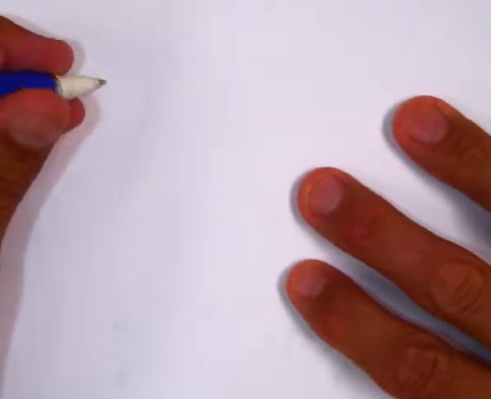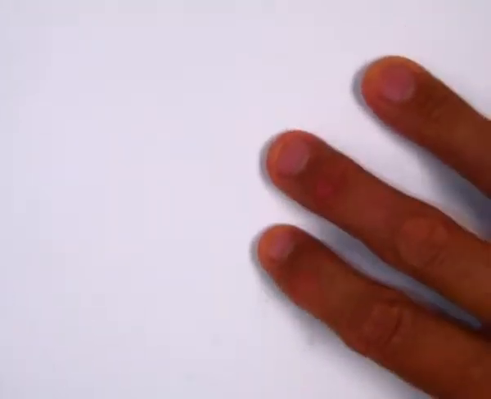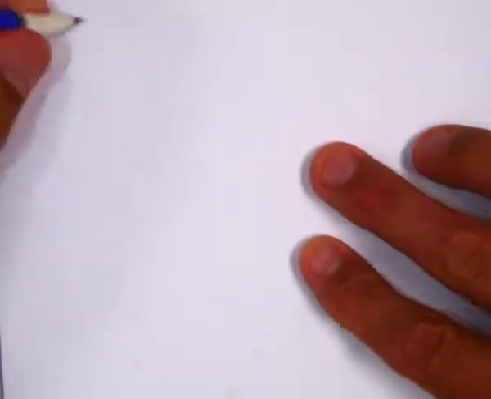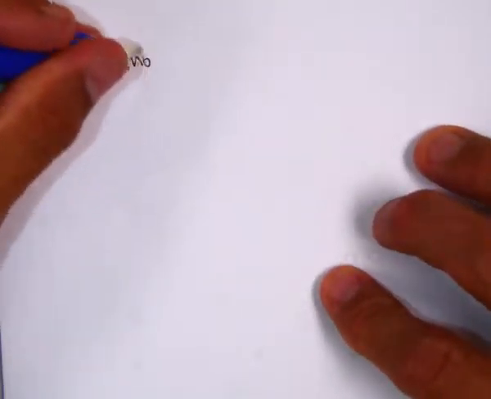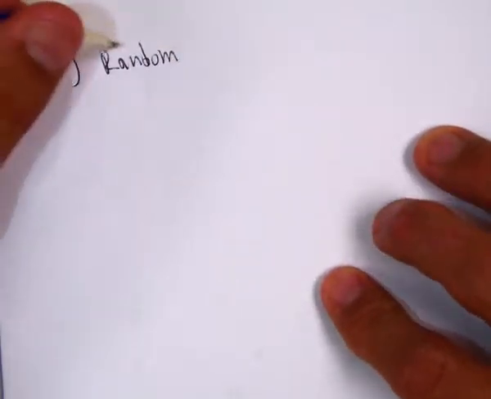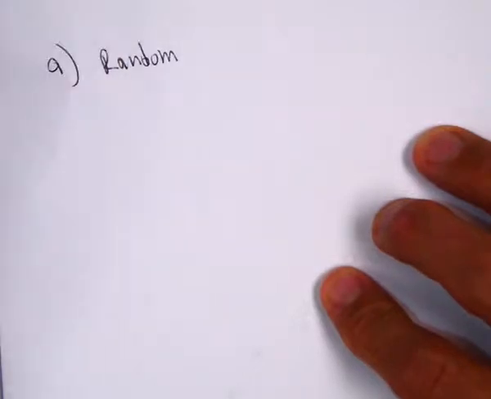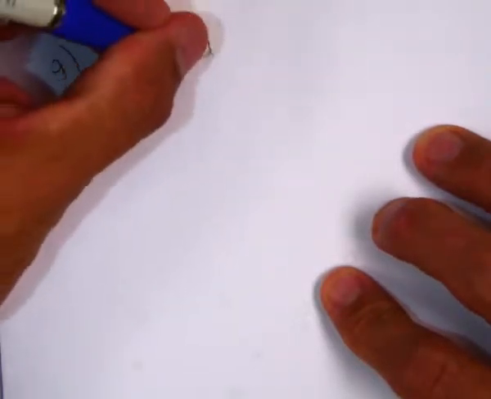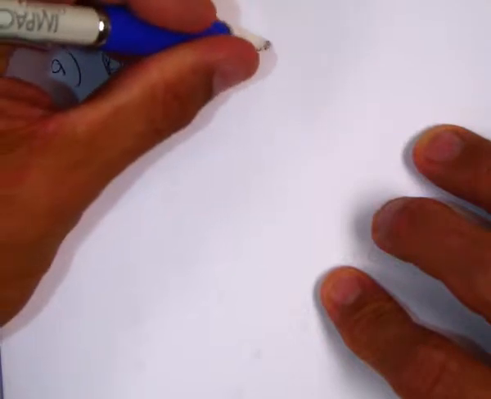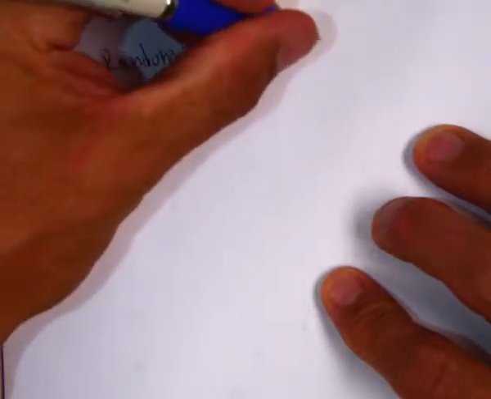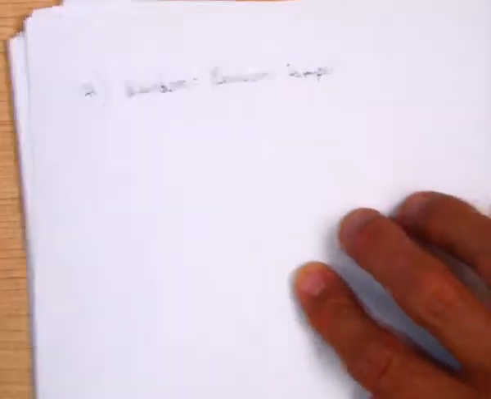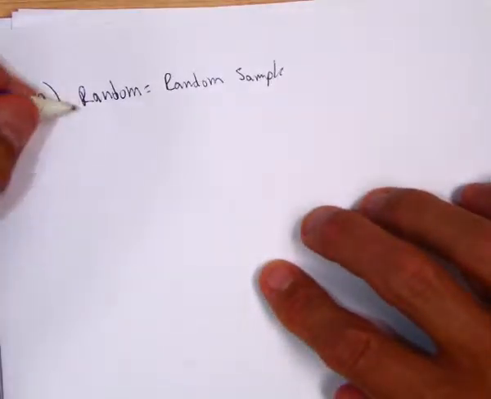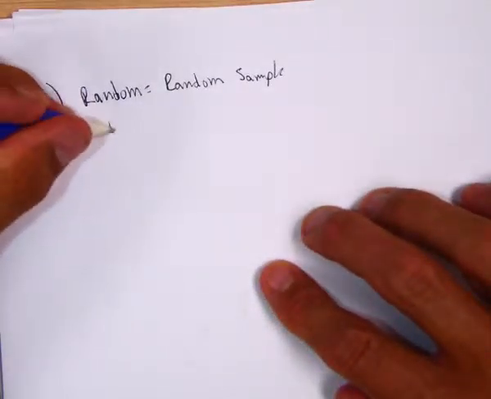So the first condition, A, condition 1 is random. And this is a random sample. Second is independent.